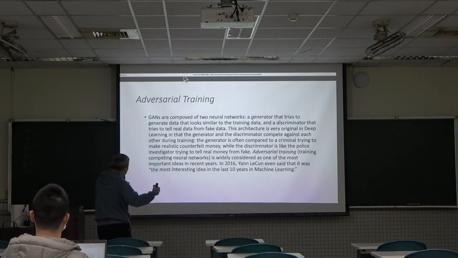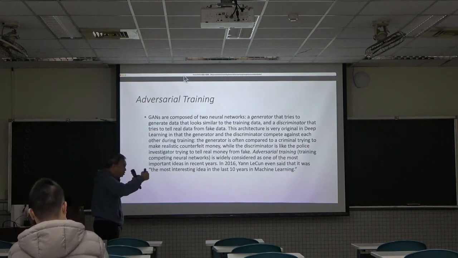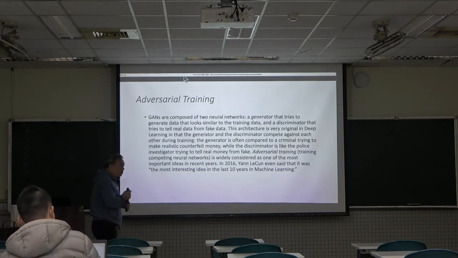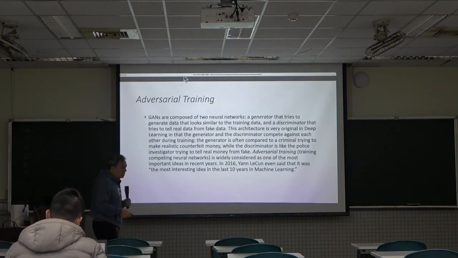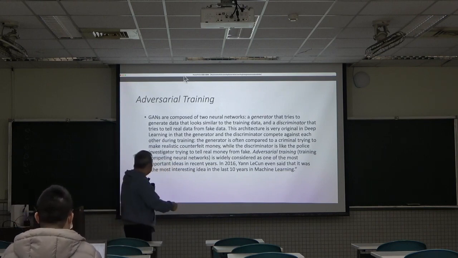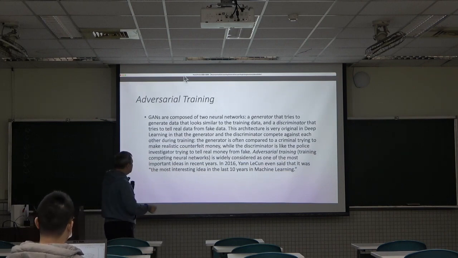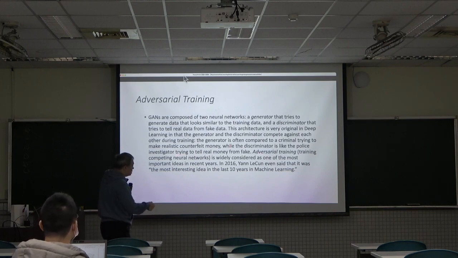When these two models get better and better, eventually we are able to generate photorealistic images, by the generator of course. This concept is called adversarial learning, or adversarial training.